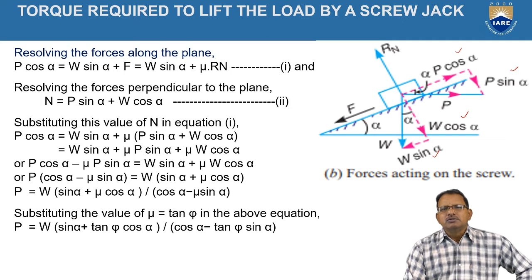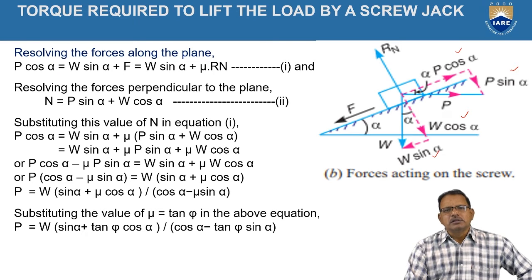Since the body tends to move upward, the frictional force acts downward, and the body is in equilibrium under several forces: the weight of the body, the applied force P, the normal reaction and the friction force.